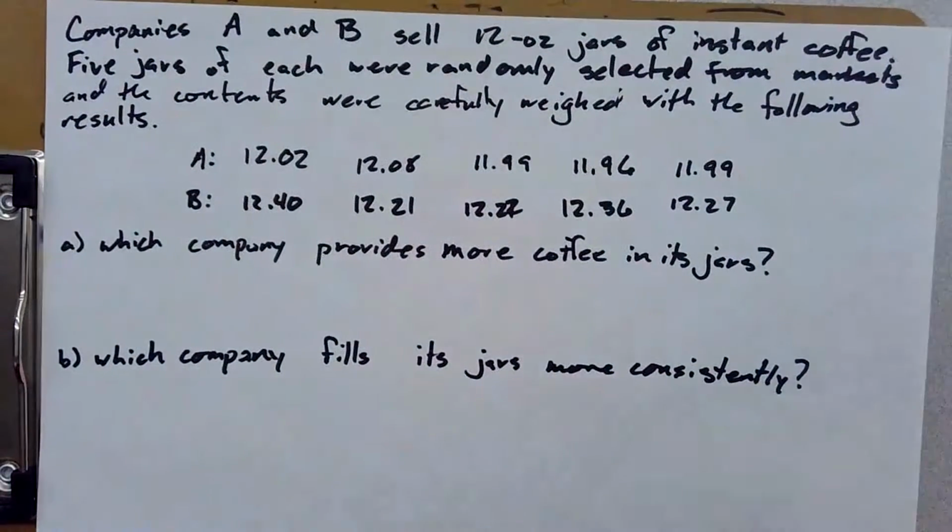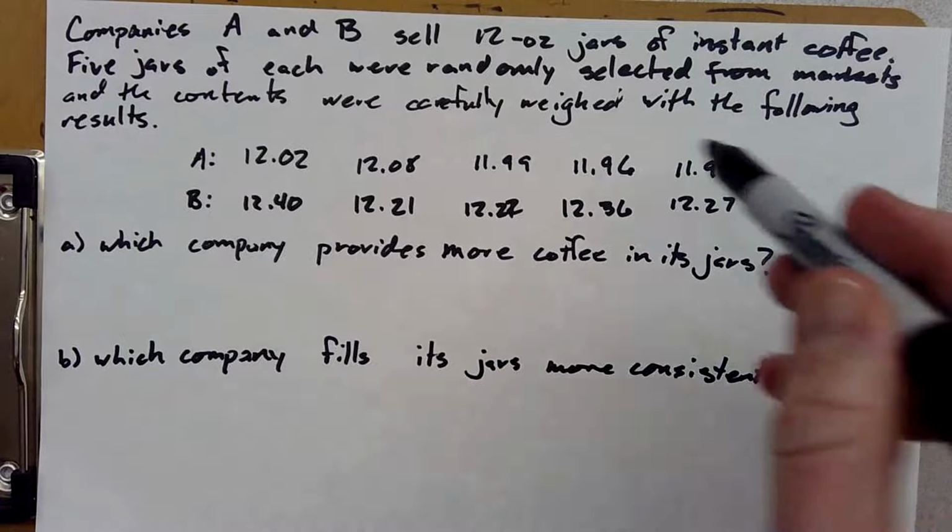Next, we're doing some work interpreting our measures of dispersion. Companies A and B sell 12-ounce jars of instant coffee. 5 jars of each were randomly selected from markets, and the contents were carefully weighed with the following results.